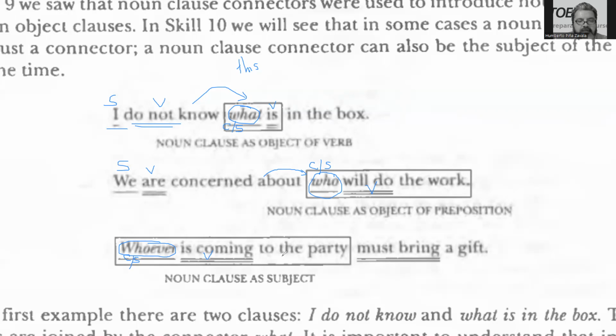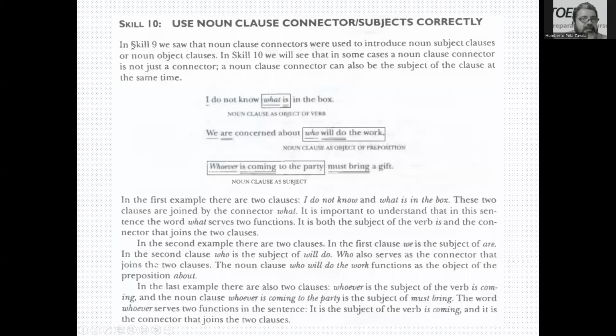And the whole noun clause is the subject for the verb must bring. So like I said, that's the difference between skill number 9 and skill number 10. Skill number 9, you got the connector, but it's just that, a connector. Skill number 10, it's a connector and is the subject of the verb.